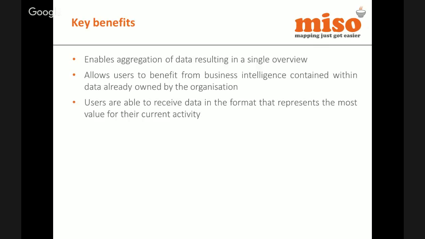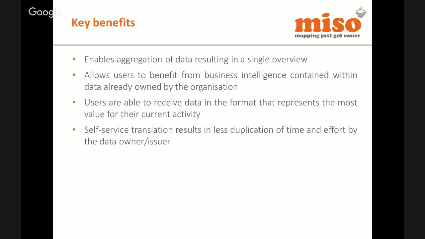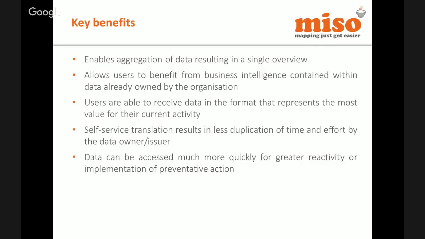It's always taking the most up-to-date data. Depending on how you build that workspace, you can give out that report in a PDF or maybe a CSV file or something else, so they don't have to have specialist software to actually view it. Okay? And if it's self-service, they're always getting up-to-date data. There's less duplication, and it's less likely there'll be any issues or problems. Okay? And it means they can access that data quicker. They don't have to bother you for it.